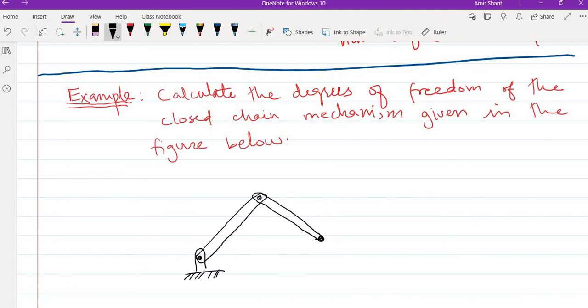And here we have one more link, but this time this joint is a prismatic joint. Now we have to calculate how many links we have in total.